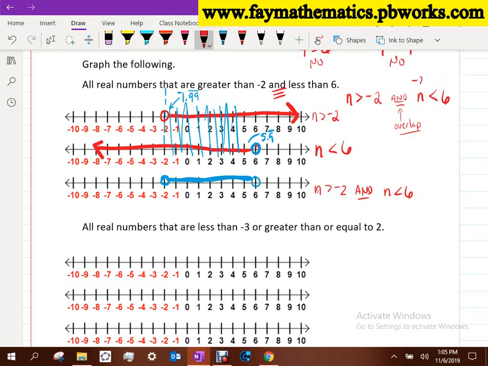Is -2 less than 6? Yes. Is -2 greater than -2? No. And remember, we need two yeses for it to be graphed down here, right? So that's why it's an open dot right there, because it didn't satisfy both of these. It only worked for one of them. If it was a closed dot here, then this would be closed, and -2 would work for both of them.